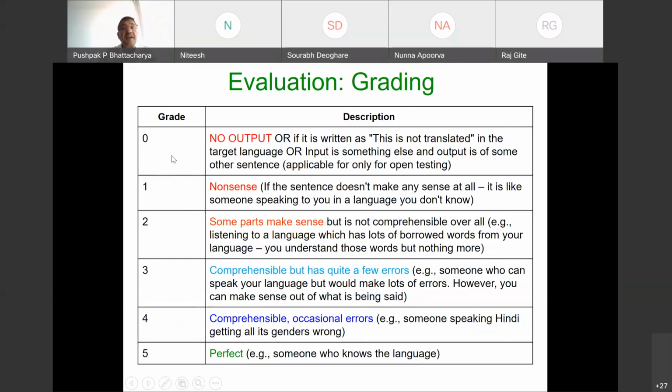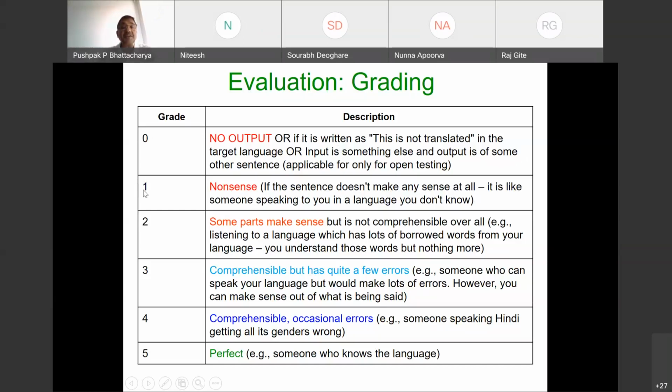Now, what are the categories and what is their semantics? So if the grade is 0, then there is no output coming from the machine translation system. Or if it is written as this is not translated in the target language, or input is something else and output is of some other sentence. Okay, this is applicable for open testing. So either no output or no relationship between input and output, the source sentence and the target sentence, or sometimes the output comes as not translated.